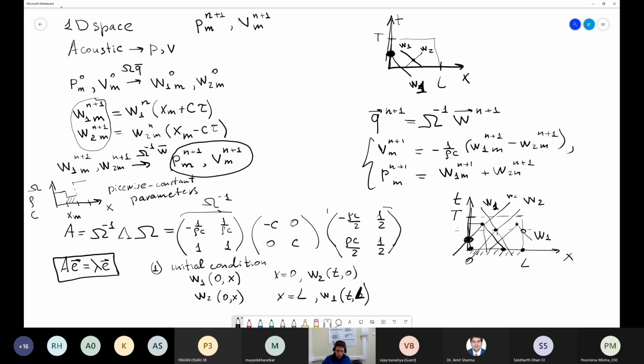So we can calculate W1, we know rho C and W1. What we can't calculate? We can't calculate W2. Why? Because W2 goes out from our domain. So we can't calculate this. But what is it? This is some scalar value, some ordinary real number.